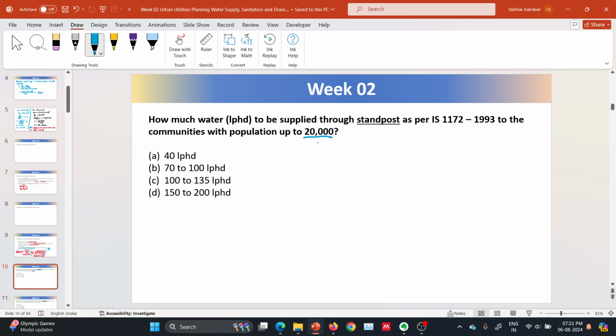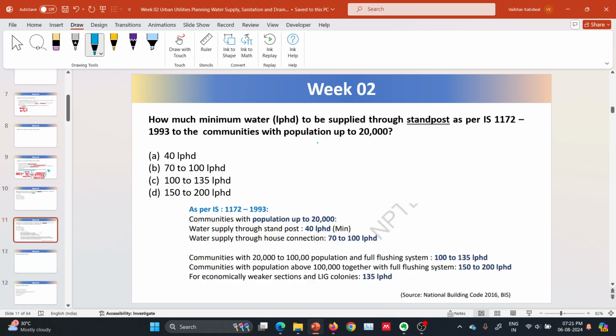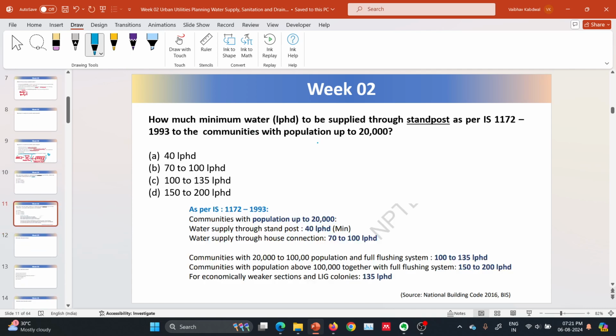So these are called stand post. The water supplied through stand post as per IS 1172/1993 is 40 liter per head per day. So this is the minimum water that we need to take care of.